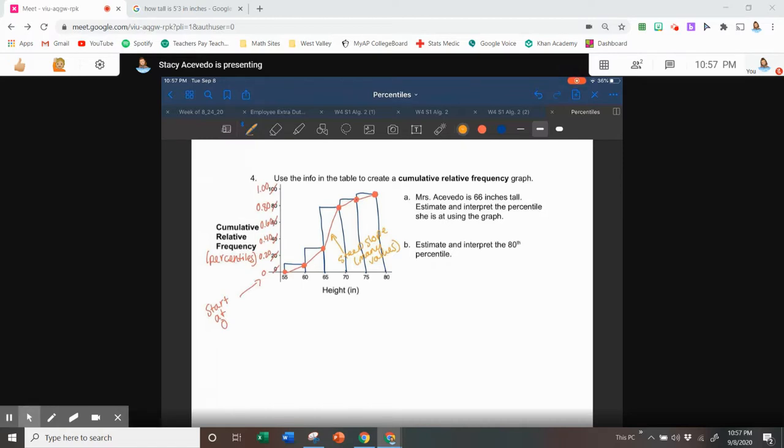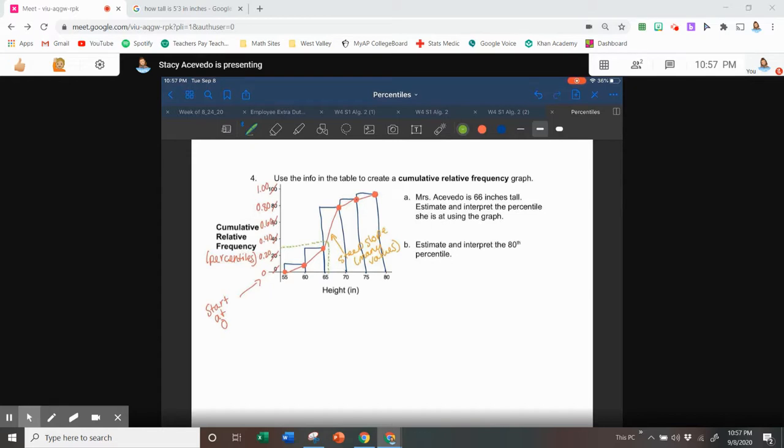Ms. Acevedo is 66 inches in this problem rather than 63 inches tall. Estimate and interpret the percentile she is at using the graph. Let me pick a different color here. If I'm 66 inches, I'm just going to go right here and follow this up, and follow this over. It'd be better to use a ruler for this, but it's really nice and easy to read a cumulative relative frequency graph.